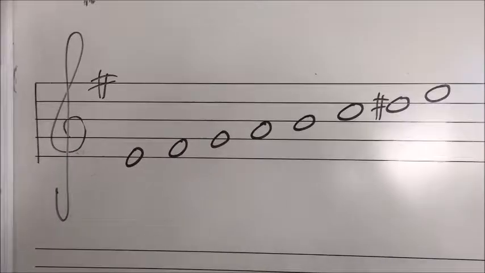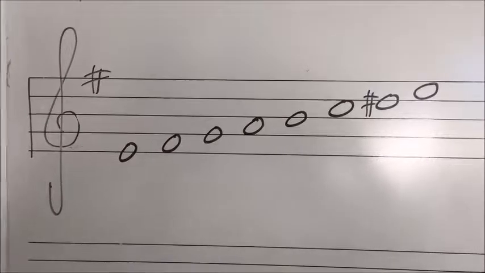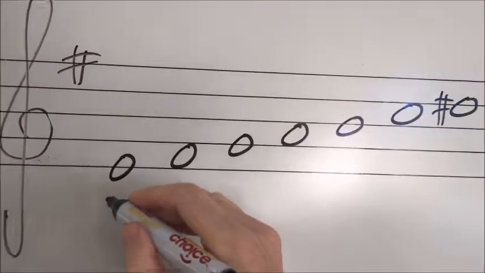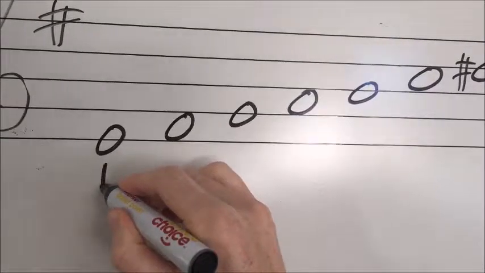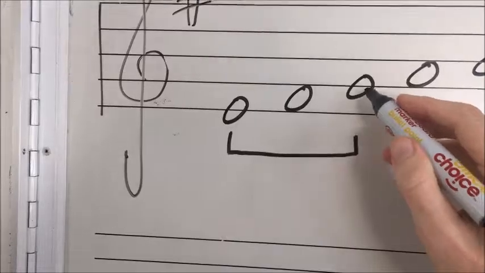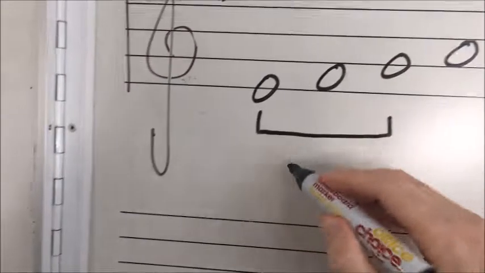Let's go through those steps now and figure out this scale in front of us here. The first note is an E, and we need to figure out what kind of harmony is being created. Is it a major third or a minor third?